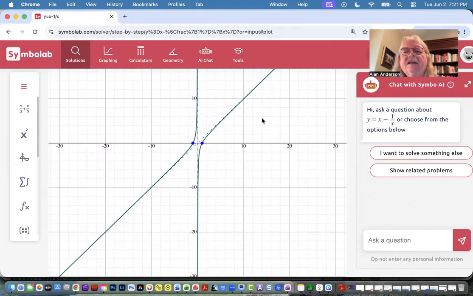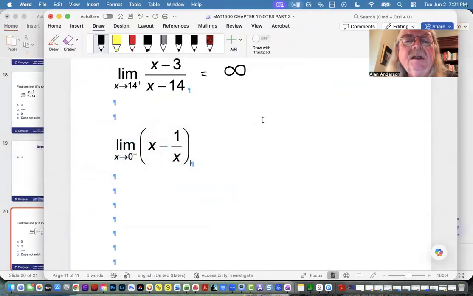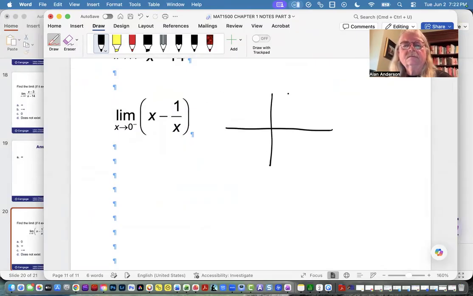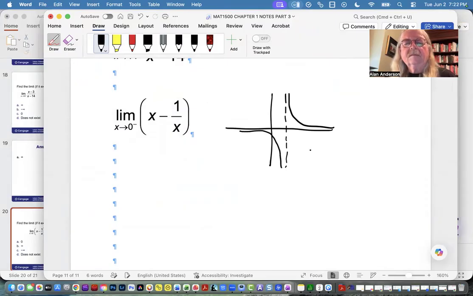Sometimes when you see an asymptote like that, I just want to mention this as an aside. Okay, well, this is clearly a vertical asymptote.